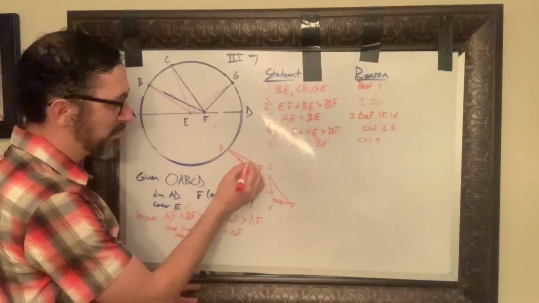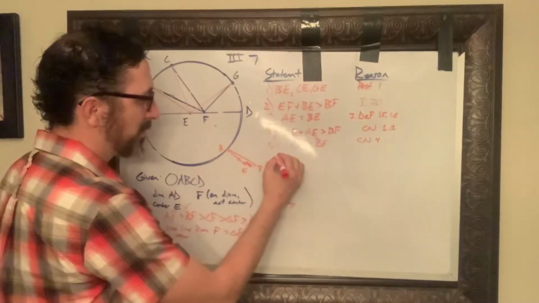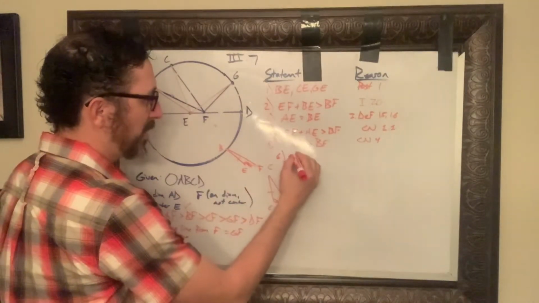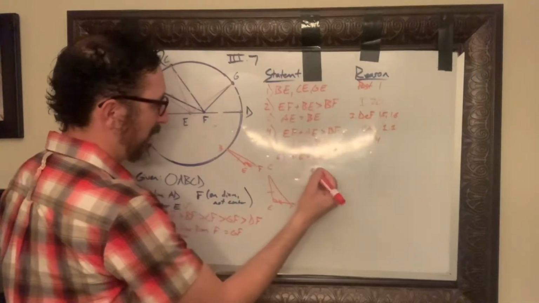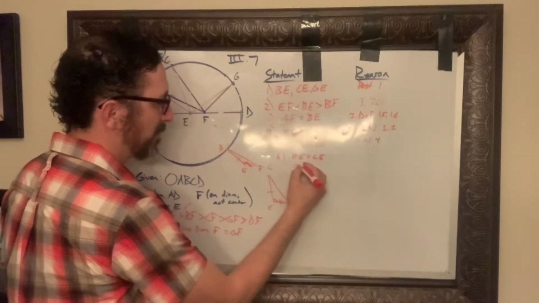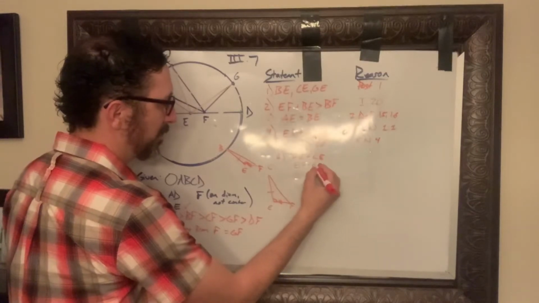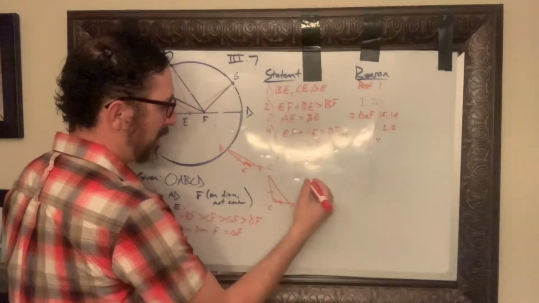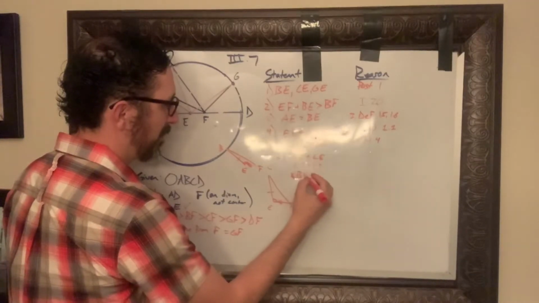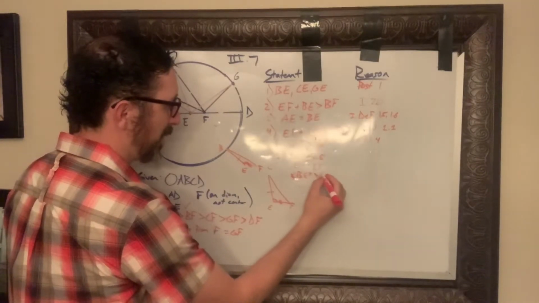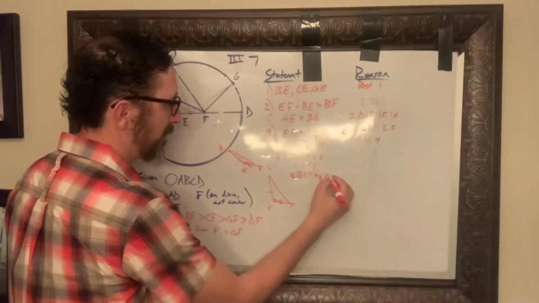So this angle is bigger than this angle. I'll try to write all that. So BE equals CE. I've got EF is the same. And then I've got angle BEF is bigger than angle CEF.